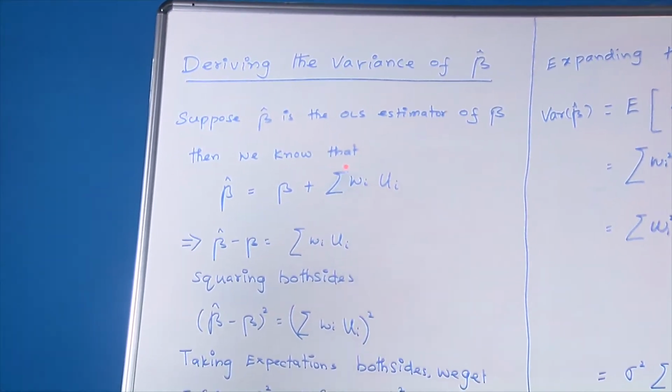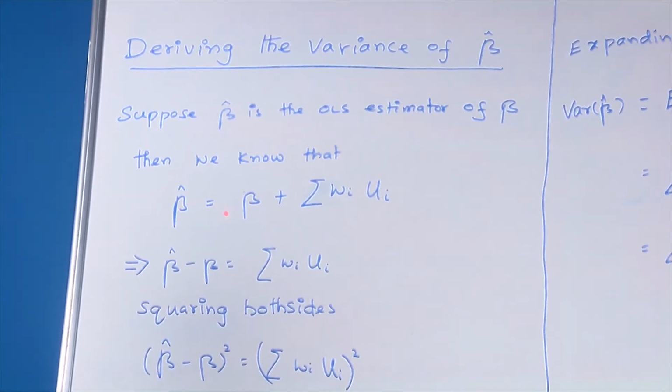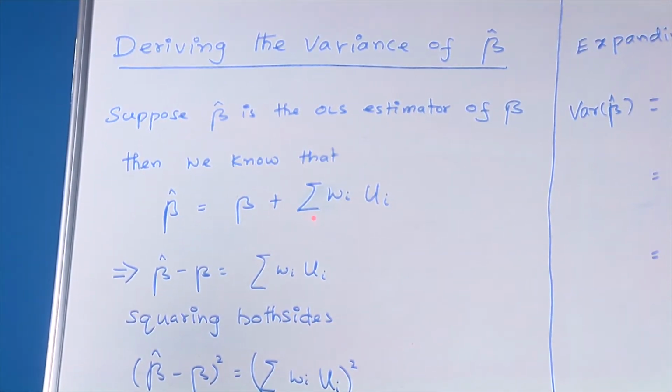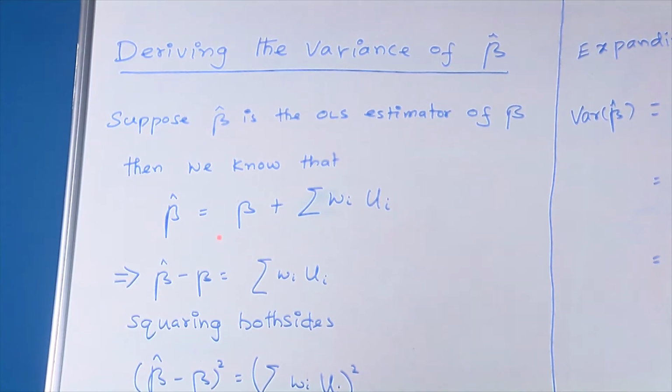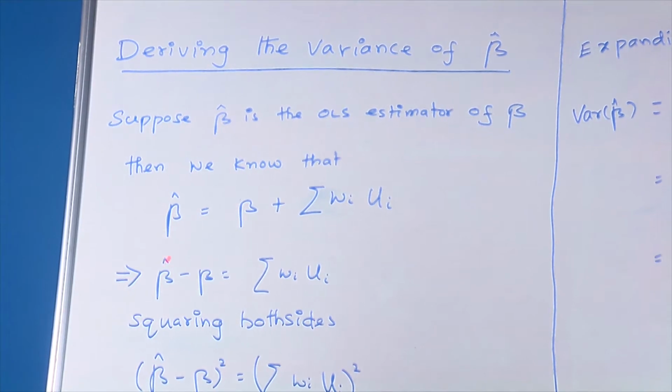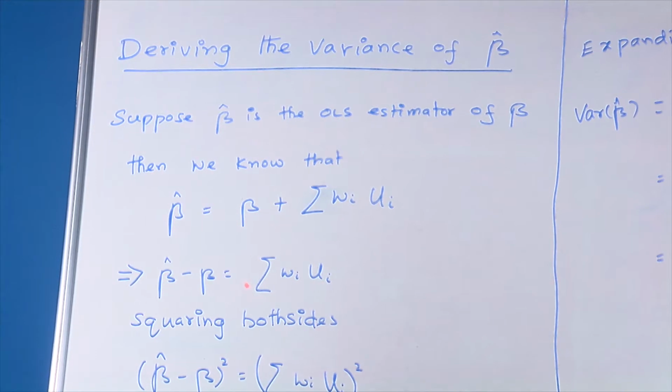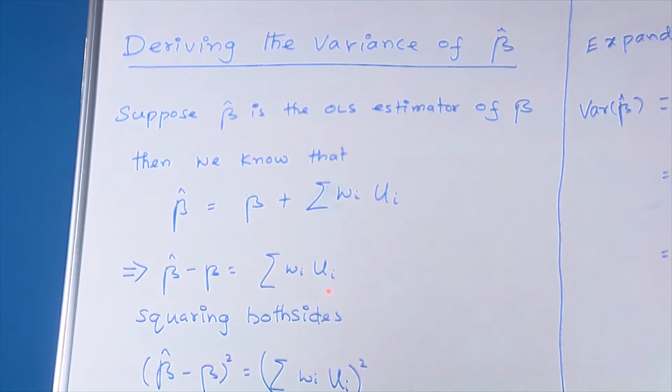Then we know that beta hat is equal to beta plus sigma wi ui. This particular equation you may refer to in module 9. This implies beta hat minus beta is equal to sigma wi ui.